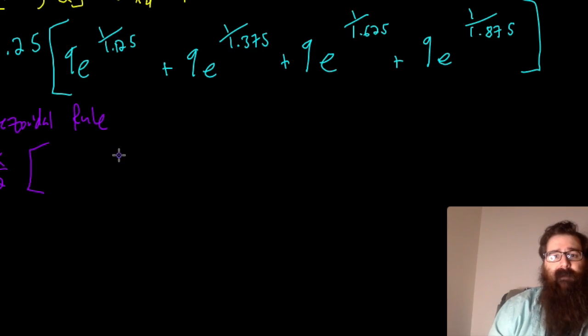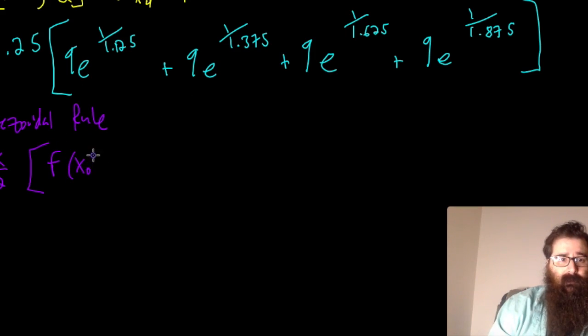We refer to these endpoints as x sub 0, x sub 1, x sub 2, so on and so forth to x sub n. We are going to plug them into f. So for us, how our trapezoidal rule is going to look in a generic fashion, it's going to be f at x sub 0.